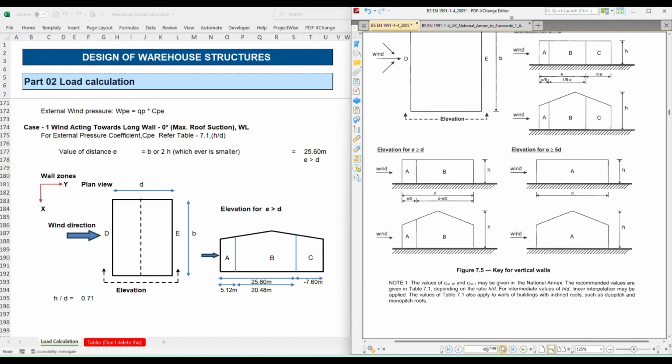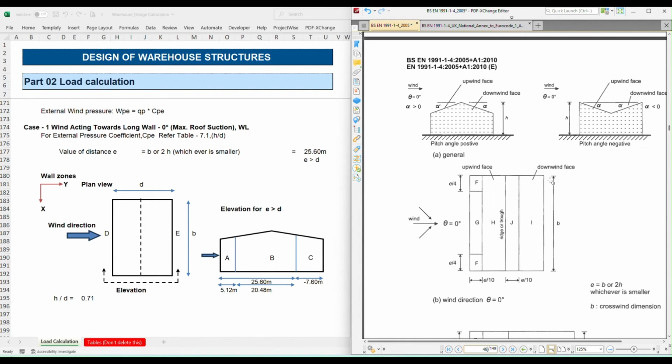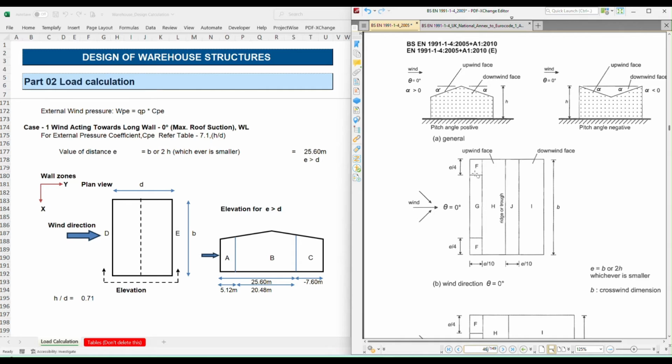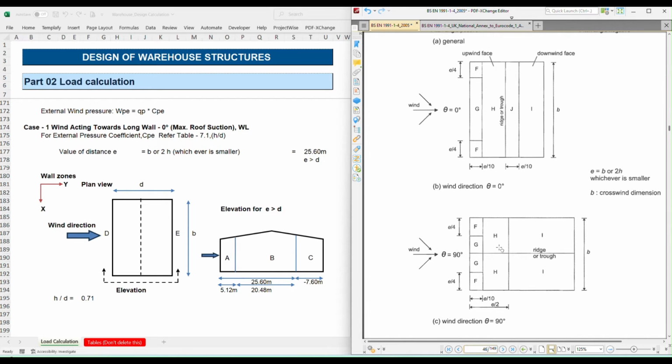Coming to page number 45 for duo pitch roof, you can see F to I. This notation F to I is for a roof pitch, ridge or eaves.